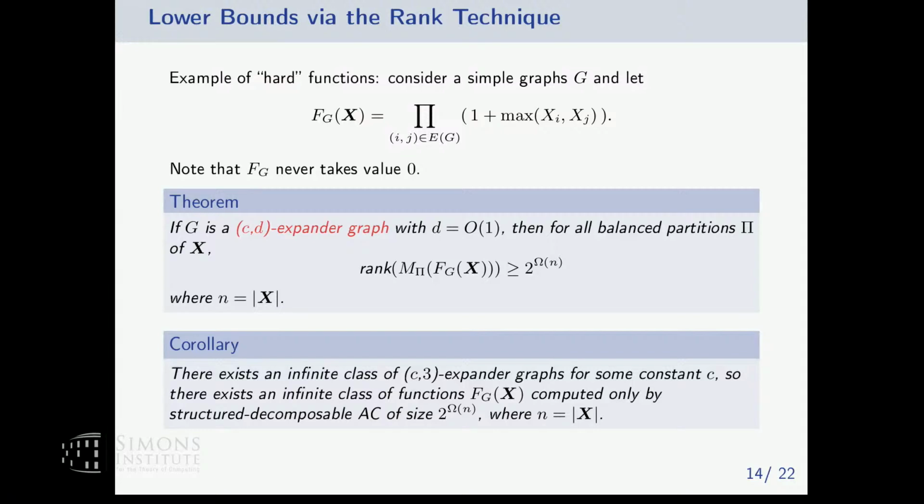So if I were to do the boring trick to reduce to a tractable Boolean circuit, I would get a circuit that is uniformly 1. So really not interesting. But it's very good to apply the rank lower bound techniques, because we can prove that if G is an expander graph, so that's a kind of graph that, I'm not giving the definition, but it's very well connected and can have a very small degree.